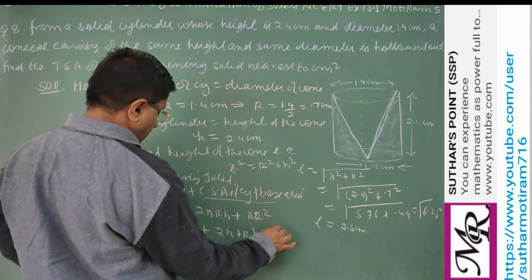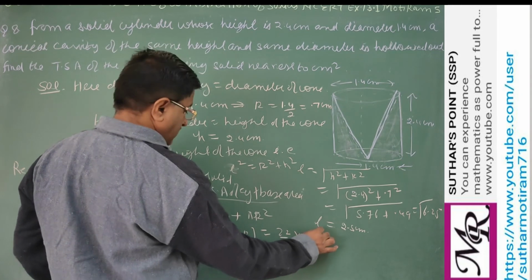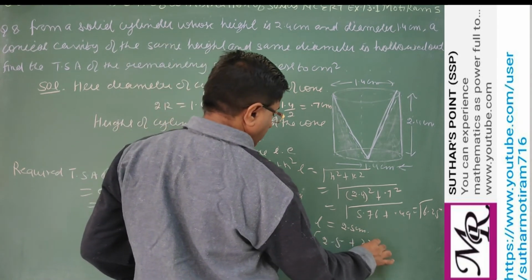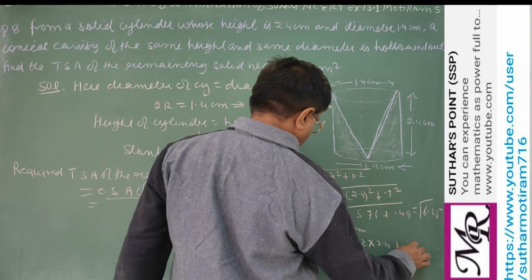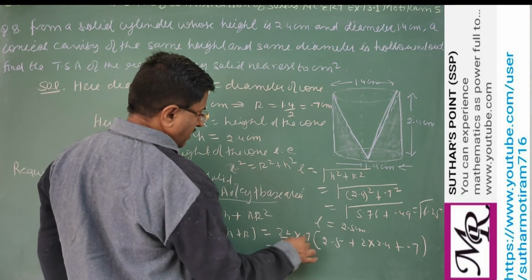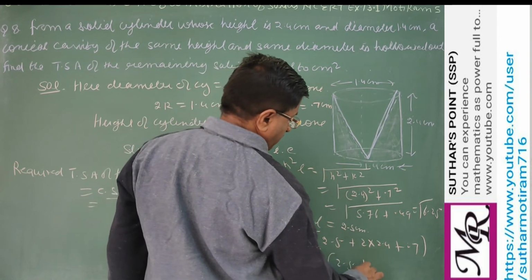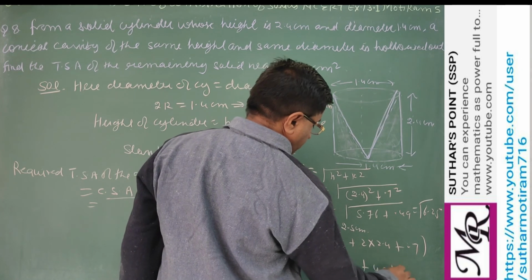So put all the values. Pi 22/7, r is 0.7, l is 2.5, 2 into h, 2.4, plus r, 0.7. So you can easily calculate this. 2.5 plus 4.8 plus 0.7.